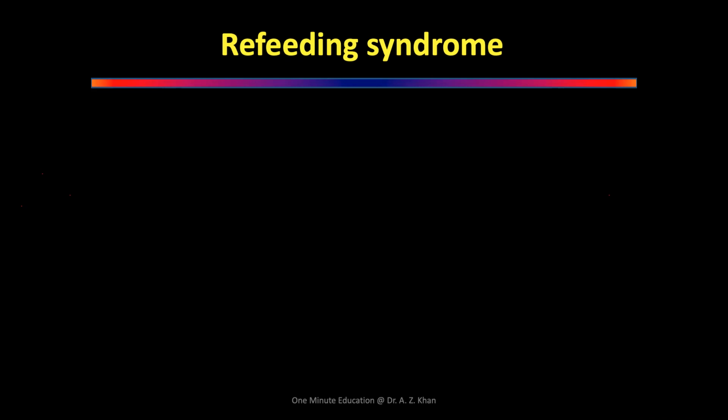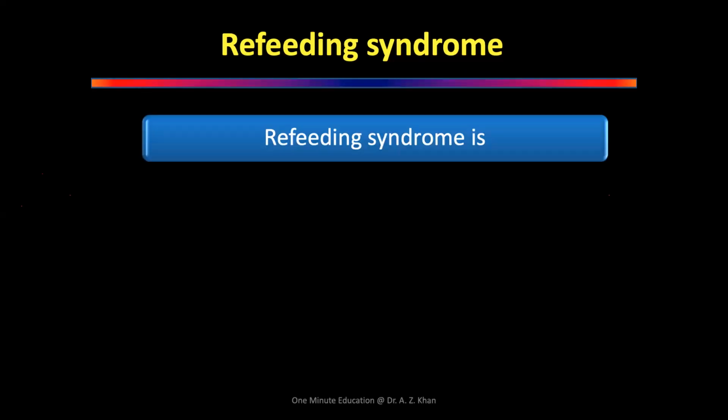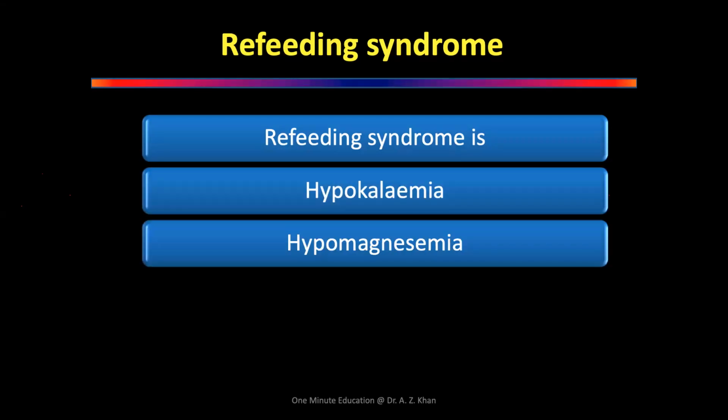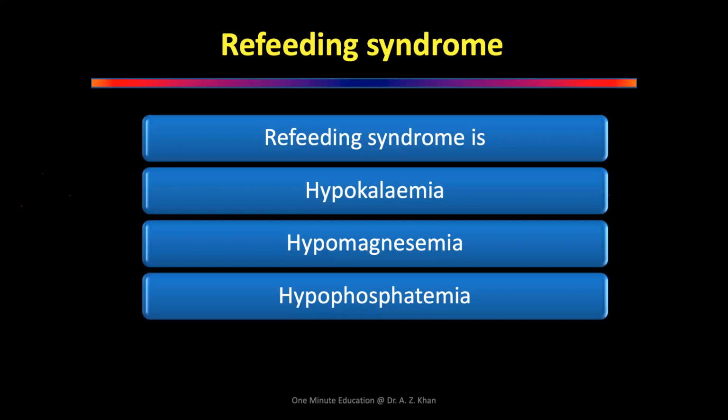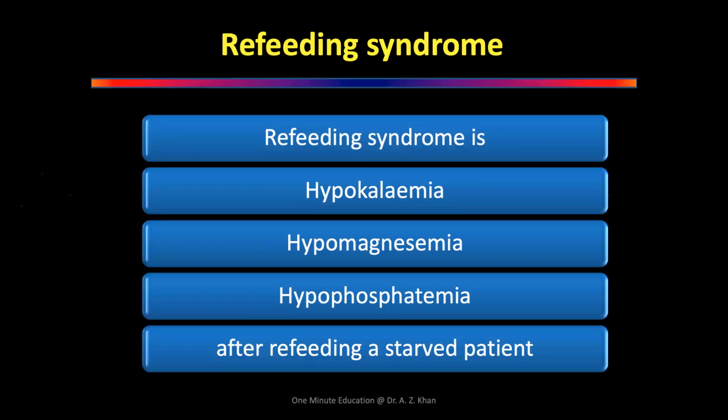I think I'll just do one or two more and then we'll stop. Yes or no? No, sir. No, okay. So the three metabolic disorders are hypokalemia, hypomagnesemia, and hypophosphatemia, seen in refeeding a starved patient, particularly when you start TPN.